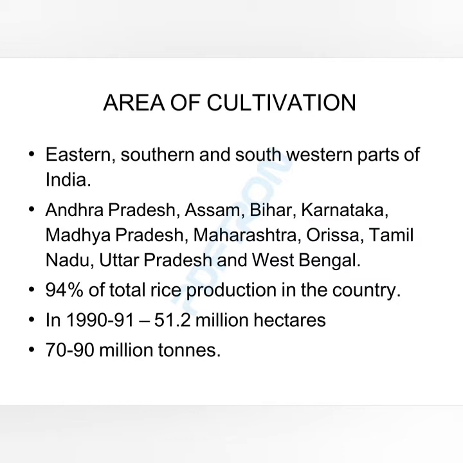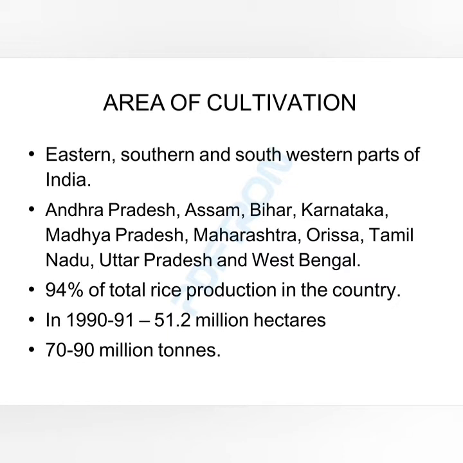Over 85% of the world's rice production comes from China, India, Bangladesh, Japan, Pakistan, and the adjoining islands in the Pacific. In India, rice is extensively grown in the eastern, southern, and southwestern parts, such as Andhra Pradesh, Assam, Bihar, Karnataka, Madhya Pradesh, Maharashtra, Orissa, Tamil Nadu, Uttar Pradesh, and West Bengal.